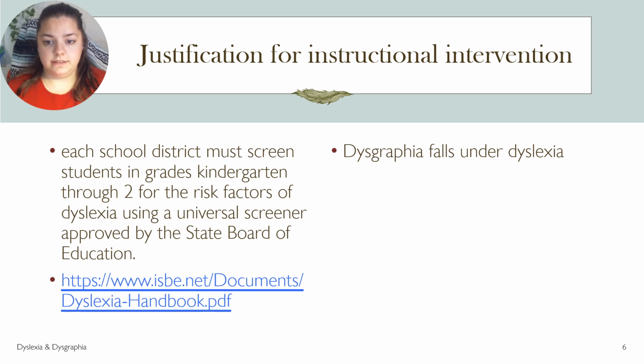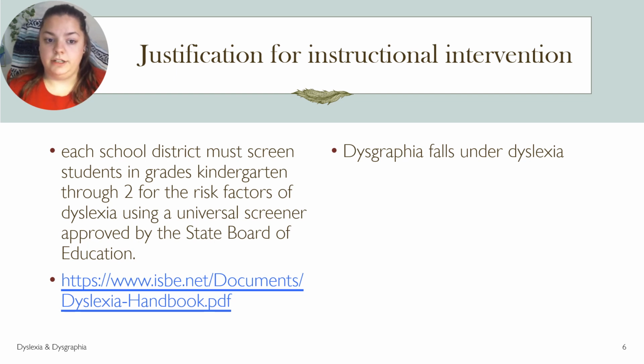As the screenings happen, those screenings show what the students need in order to be supported. That's when we start working with IEPs and developing those in order to fully support them from preschool until second grade, in which their IEPs are looked at again.